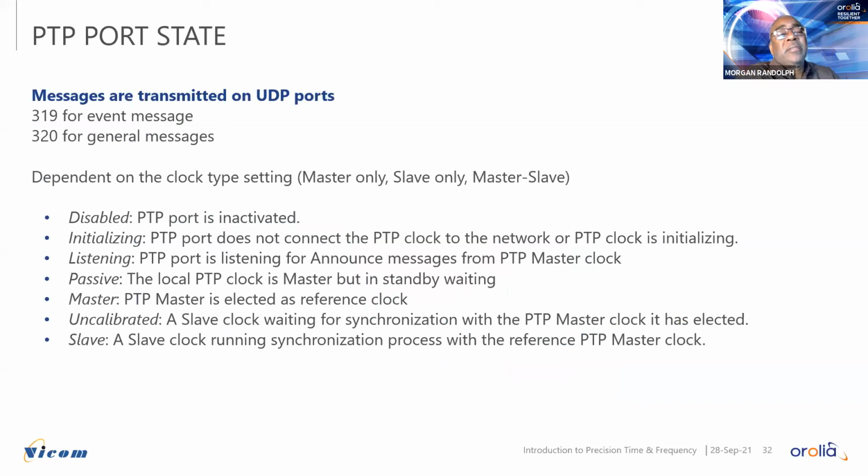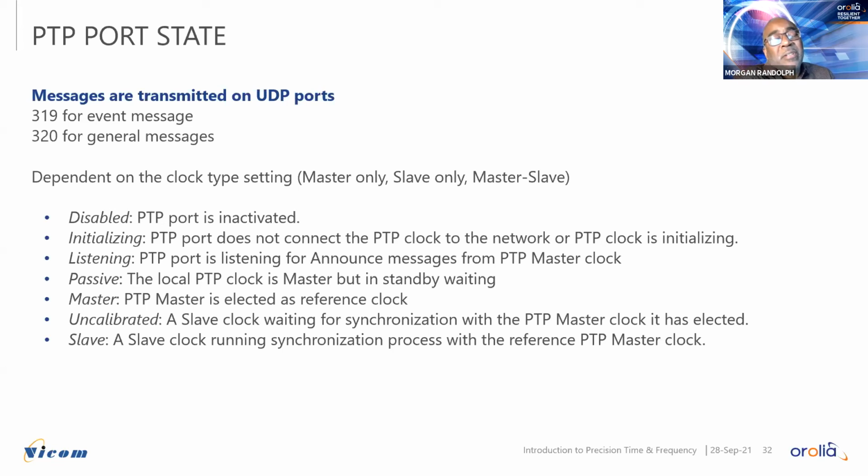PTP port states. The PTP protocol uses two UDP ports: 319 for event messaging, and 320 for the general messages. The clocks are going to run in master only, slave only, and master-slave hybrid mode, like I said earlier.